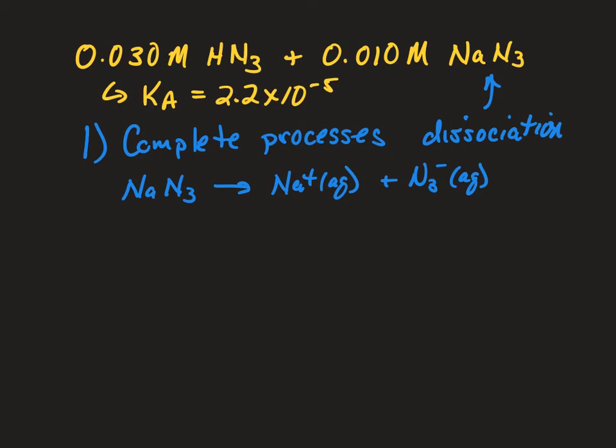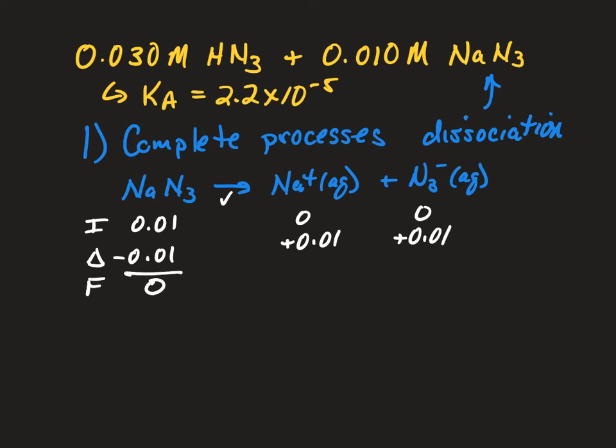If our initial concentration is 0.01, the change, because it's complete, is that all of our reactant will react. So we know what that is, and we know what that is. And so when we reach our final, there's none of our reactant left. All of it is either sodium ion or azide ion.